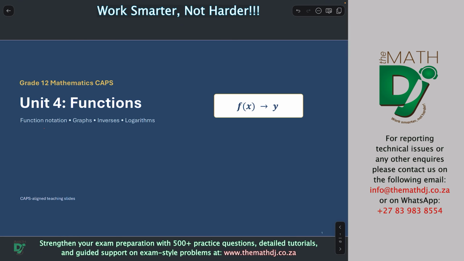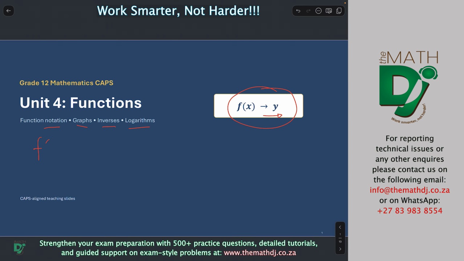Today we're going to be discussing Unit 4 on functions. So we're going to deal with function notation, graphs, inverses, and logarithms. Functions is more like f(x) equals, which transforms into y. So in this unit, we're going to deal with functions.